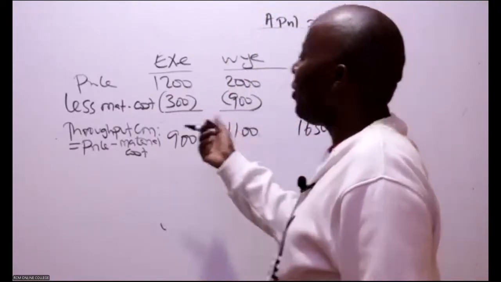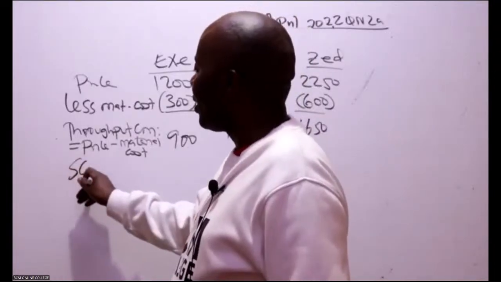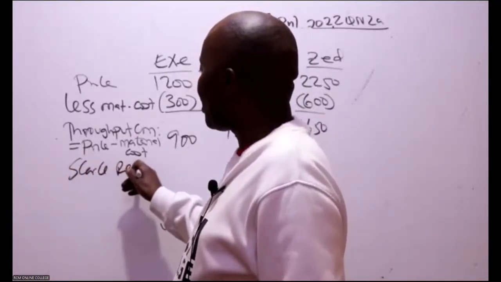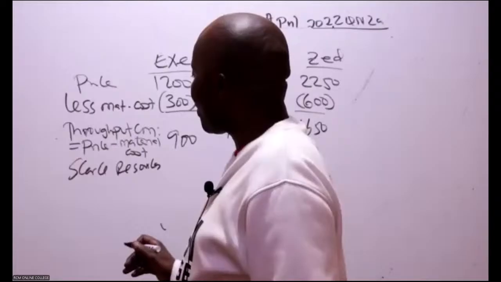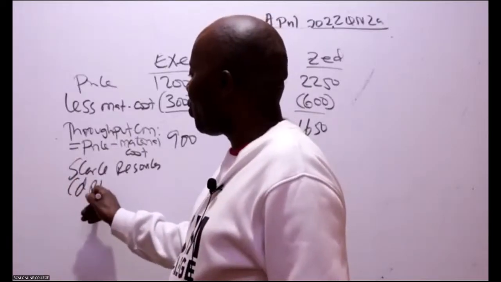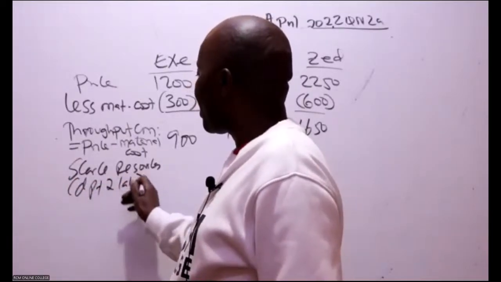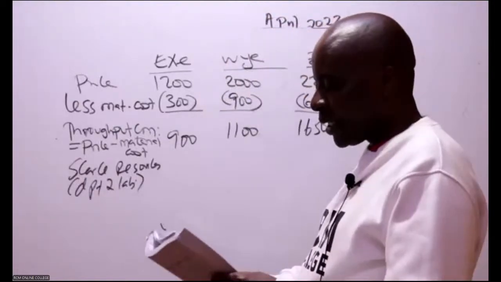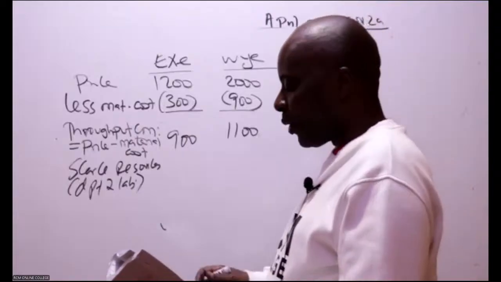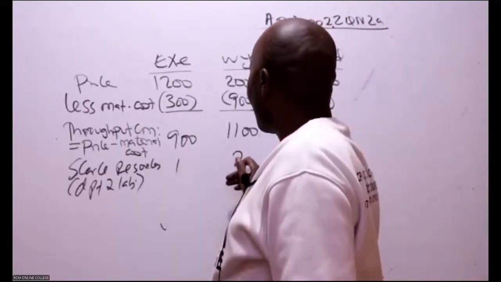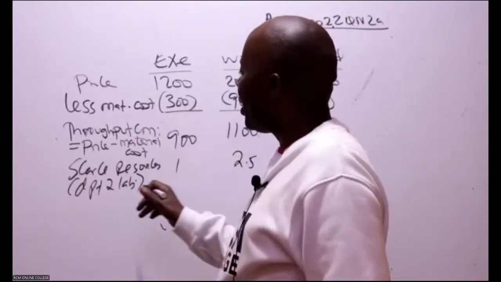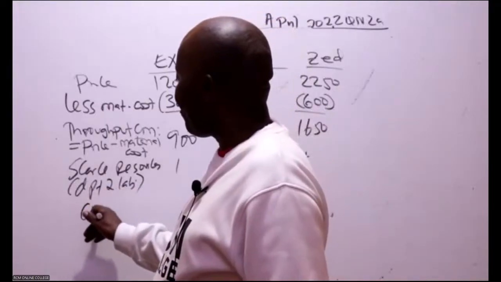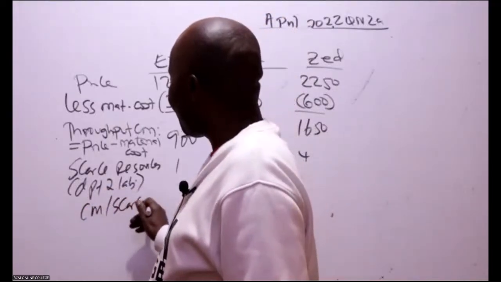So come here and give us scarce resources. Scarce resources, these are the Department 2 labor hours. Remember, these are quite clear. It's 1, 2.5, and 4. So give me the CM per scarce resource.